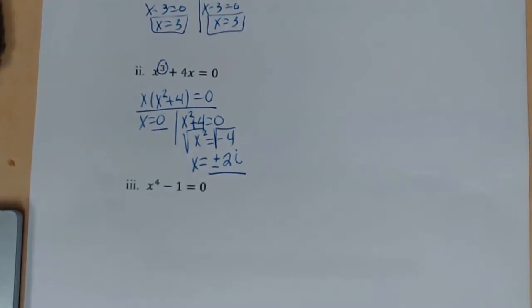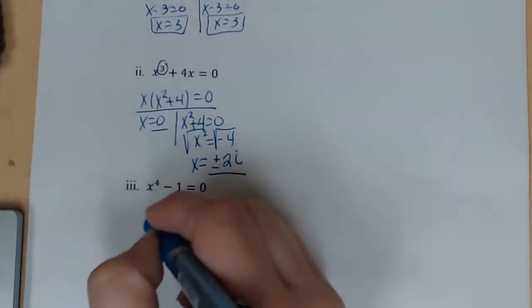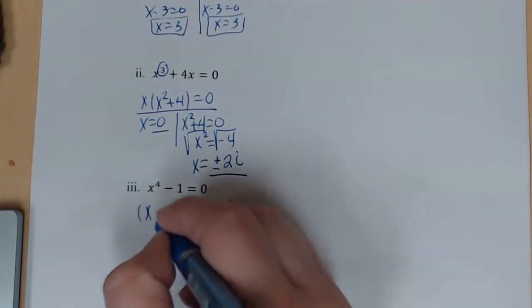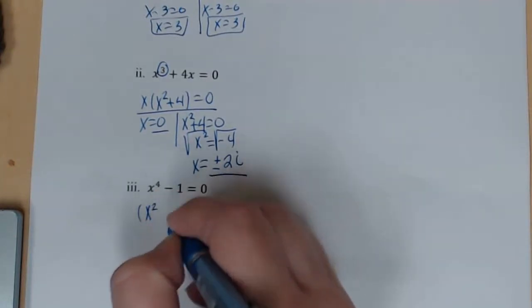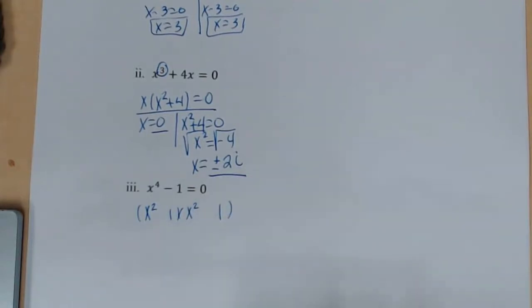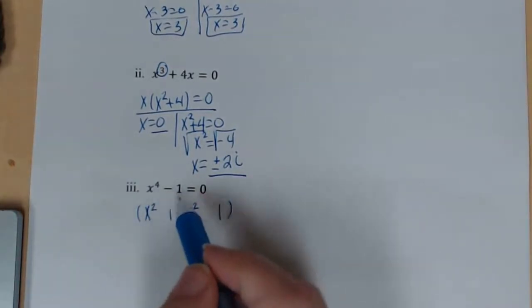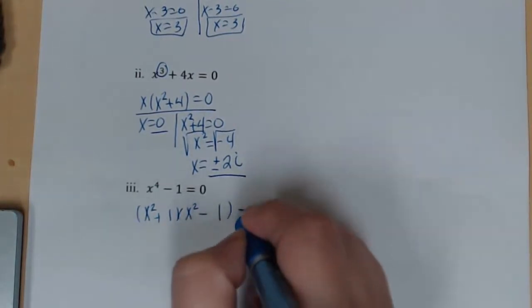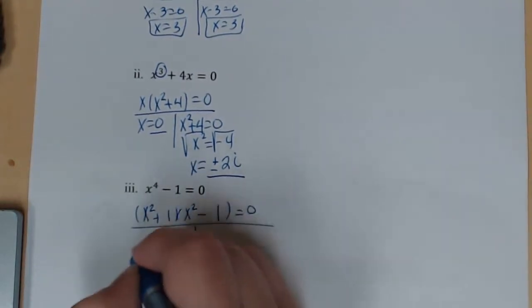Look at this last one. This one actually factors. The square root of x to the 4th would be x squared. What will multiply to give you 1? 1 and 1. It's the difference, so I could do plus and minus. This thing factors out, set equal to 0. Now I can solve.